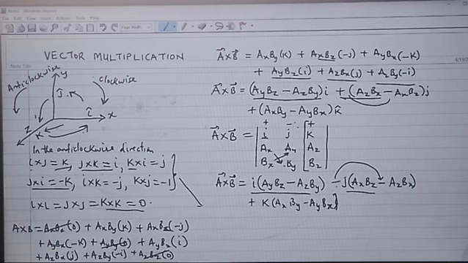So let's look at an example on cross product. Just want to look at an example of cross product and possibly finding the angle between two vectors. So I'm going to wipe this off, then take a look at some examples.